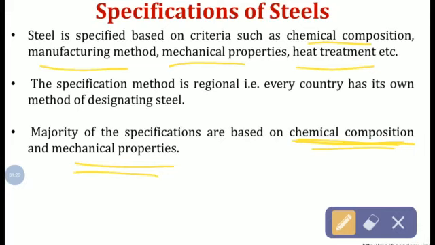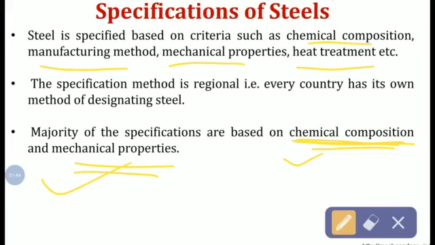As well as, designers and purchasers have to specify their requirements according to these specifications or designations. Designers and purchasers usually show the requirements according to chemical composition and mechanical properties. Therefore, it is necessary to have some knowledge of these specifications.